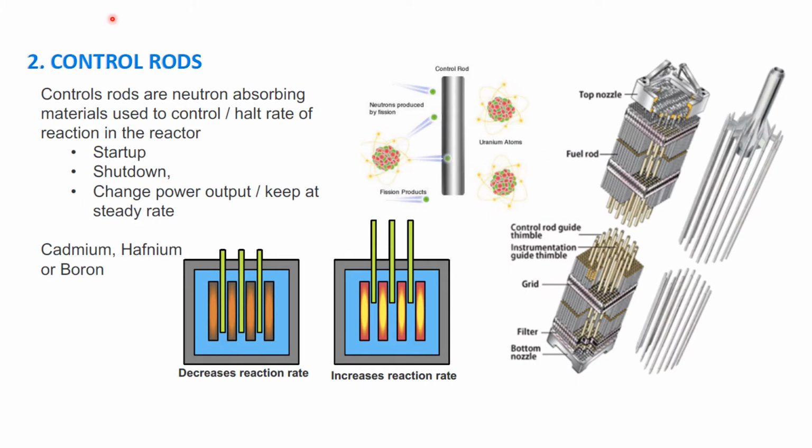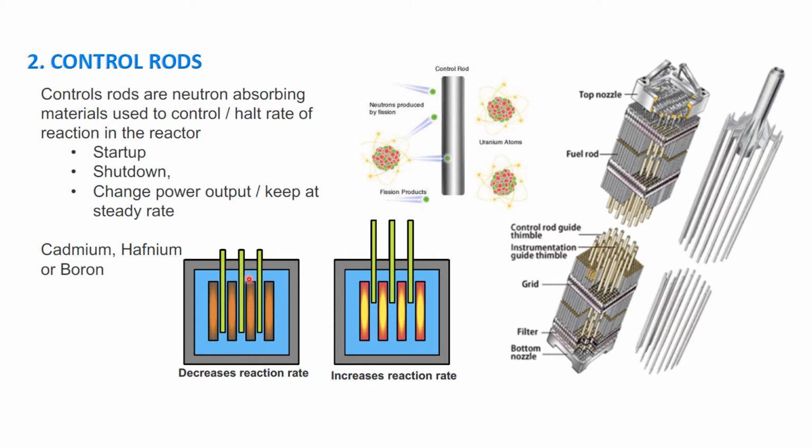Next you have your control rods. Your control rods are neutron absorbing material used to control or halt the rate of the reaction in the reactor. Control rods are used in the startup and the shutdown, and also to change the power output or to keep it at steady state. Sometimes, for example during natural calamities like earthquakes, we use your control rods to stop or slow down the fission reaction.